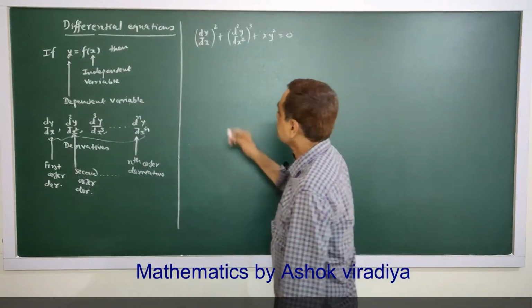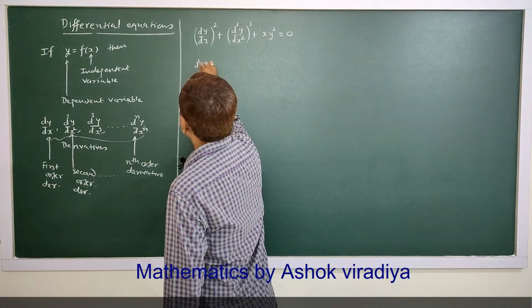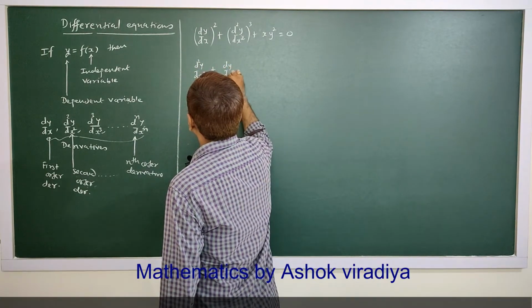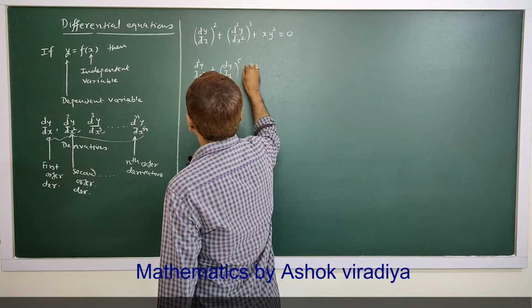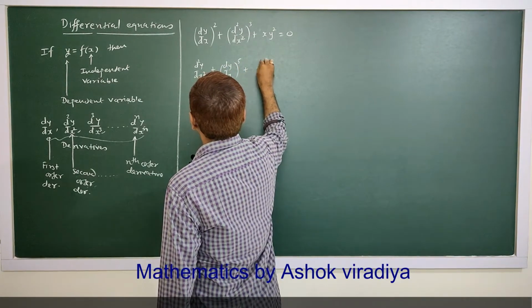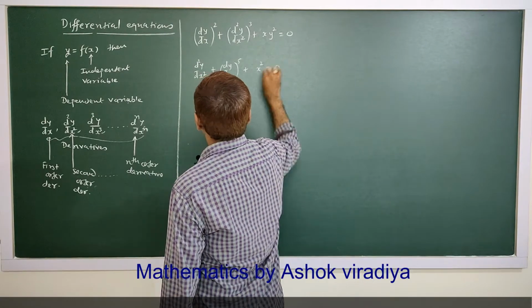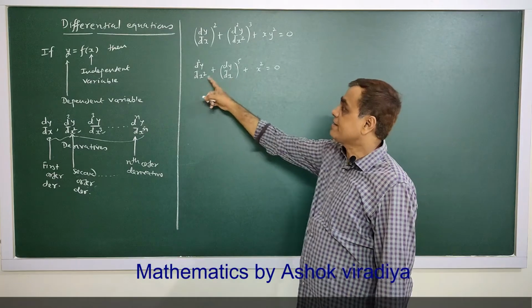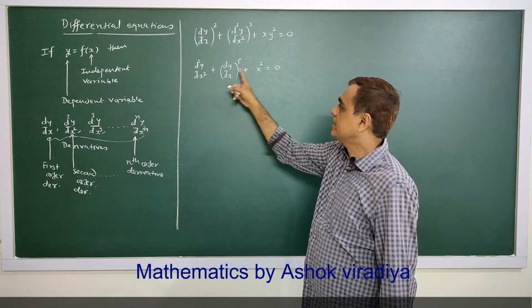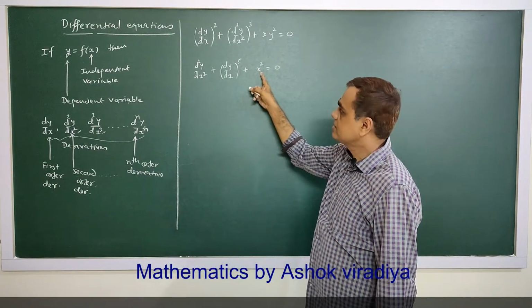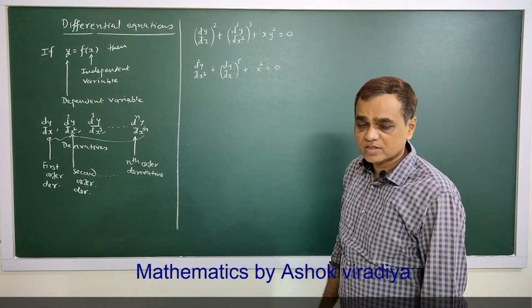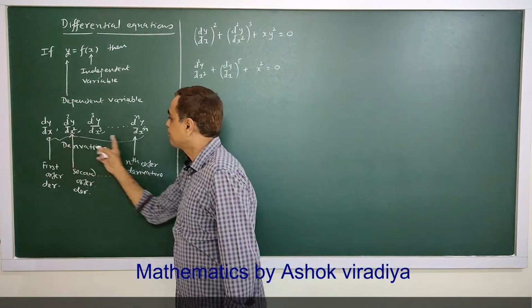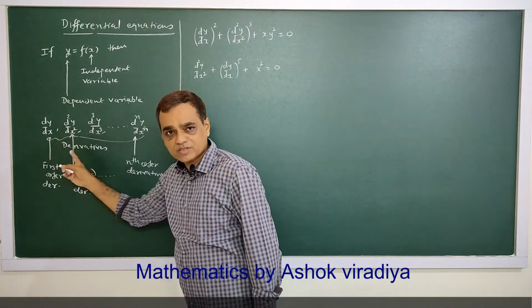One more equation, d square y by dx square plus (dy by dx) raised to 5 plus x square equal to 0. This is the second equation. It contains x and derivatives. See, it must contain at least one term from these derivatives.